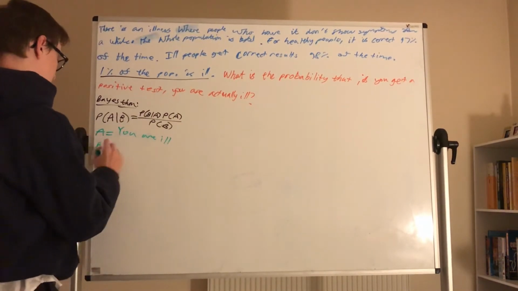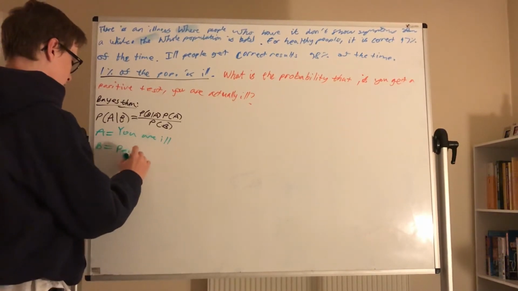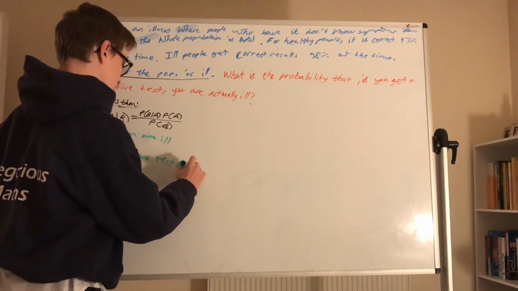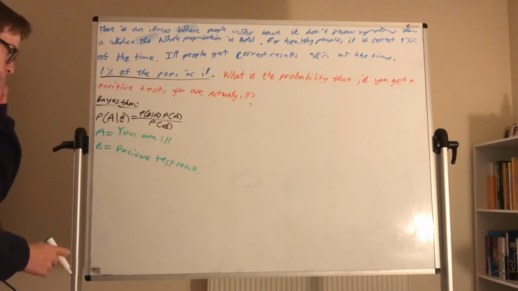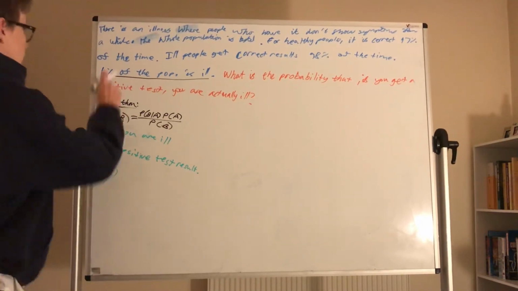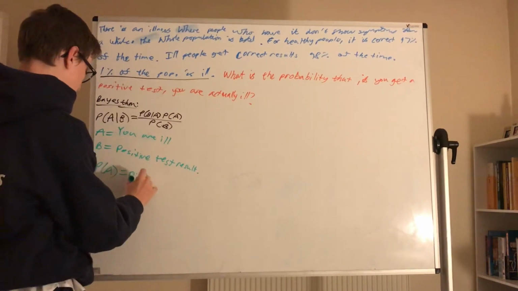B is positive test results. Alright, let's get P of A. The probability that you're ill, given to us right here, is 1%, so 0.01.